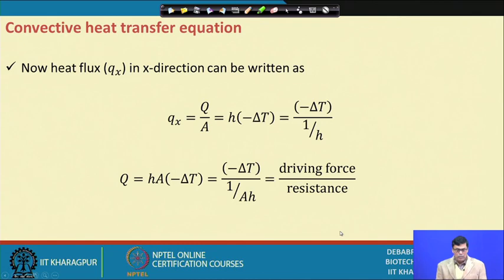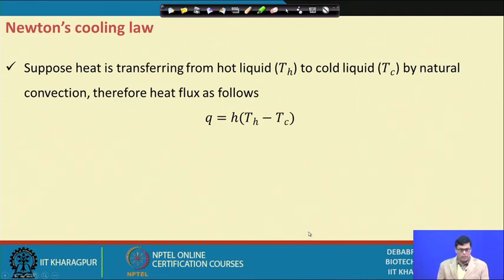Now, as we did in the case of conduction, we can write it in the same form, driving force by resistance, and this will be 1 by A h. Now, Newton's law of cooling is that when the hot liquid temperature is T h and cool liquid T c, the natural convection heat flux is q by A equal to h into (T h minus T c).